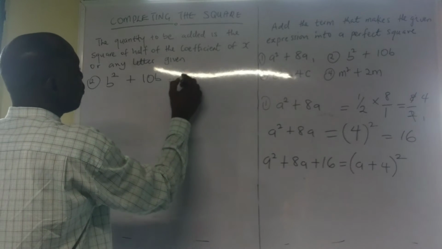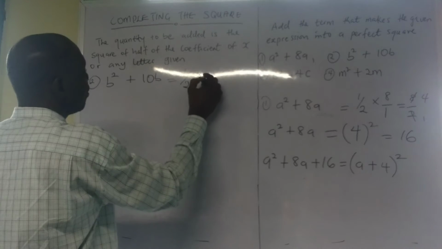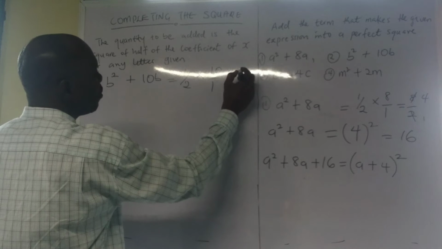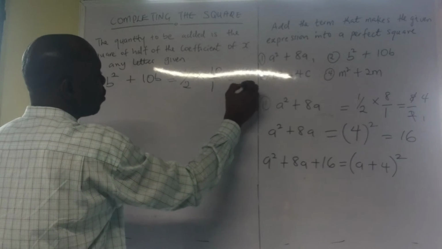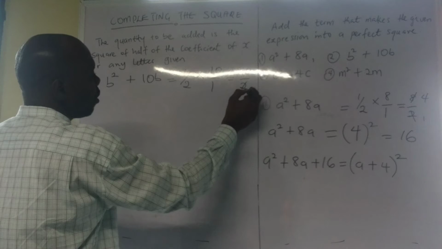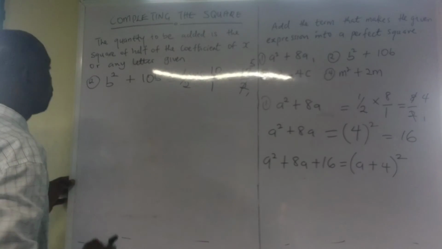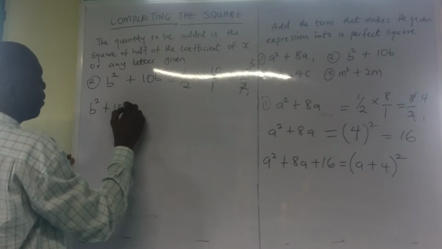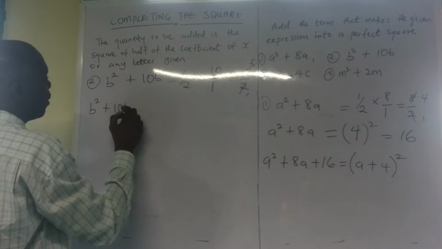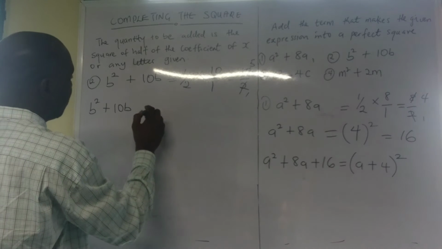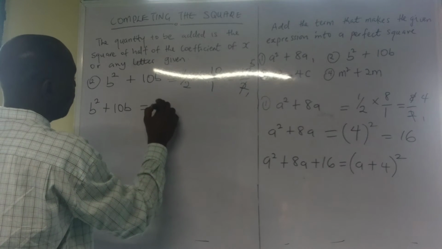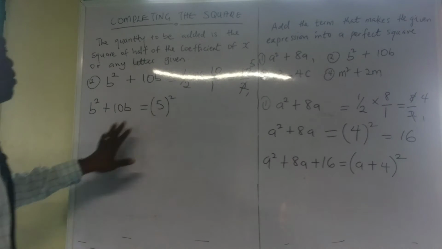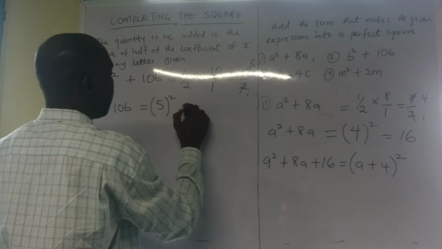So this one will now give us 1/2 times 10 over 1, equals 10 over 2. When you divide, 2 here 1, 2 here 5. So what we have here is b^2 + 10b plus, equals 5. Then we raise it to the power 2. So 5 times 5 is going to give us 25.